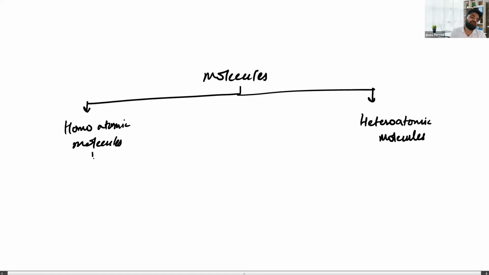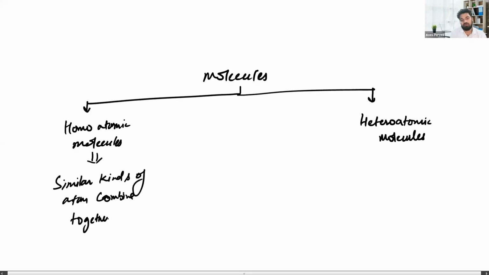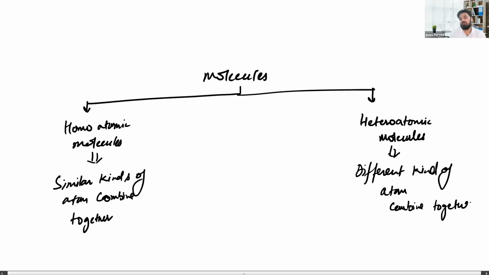So when similar kinds of atoms combine together, it is homoatomic, and heteroatomic molecules mean different kinds of atoms combine together.